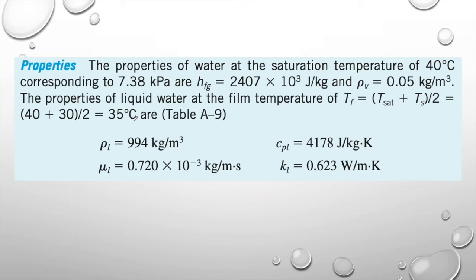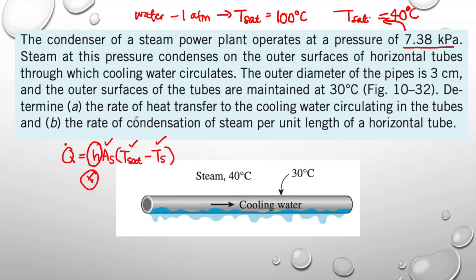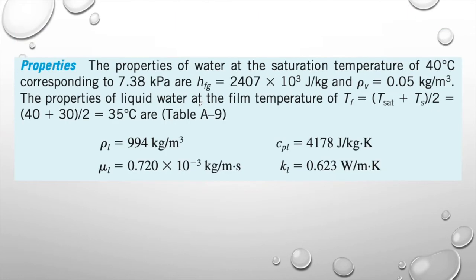So these are the properties of water. For the properties of water at saturation temperature, as I mentioned before, you have to refer to 7.38 kilopascal and take a look at the temperature, which is 40 degrees Celsius. So you have to determine the hfg and rho vapor at the saturation temperature, which is 40 degrees Celsius.